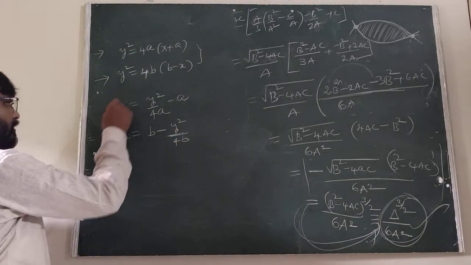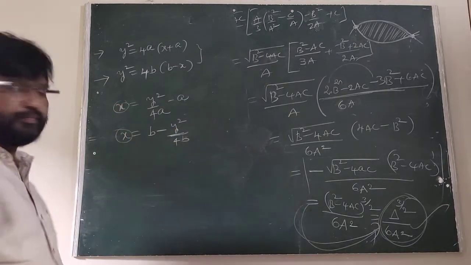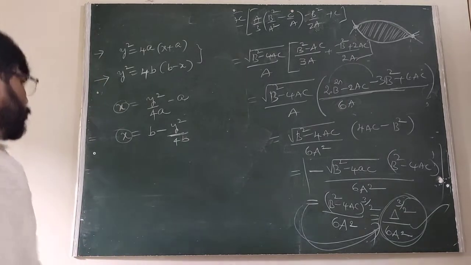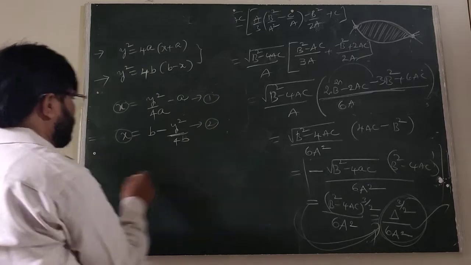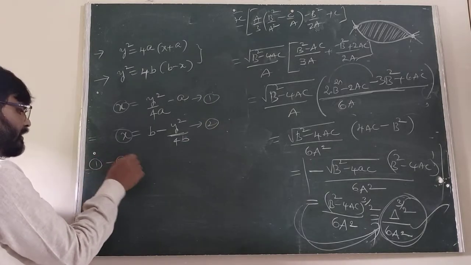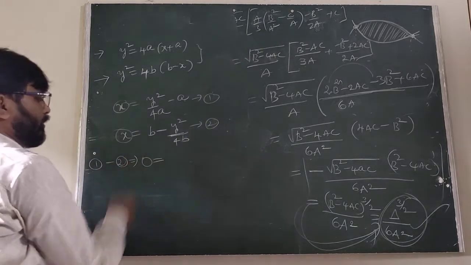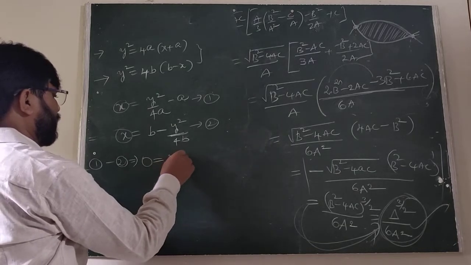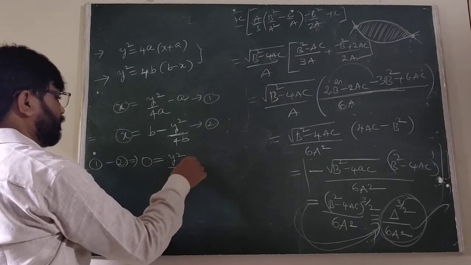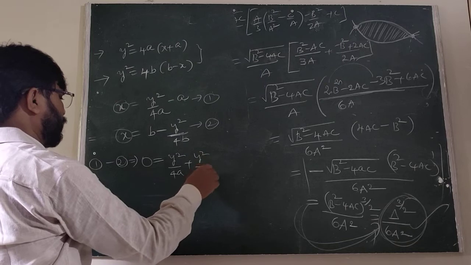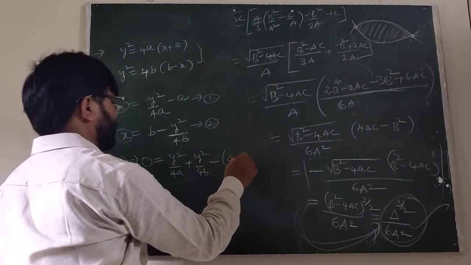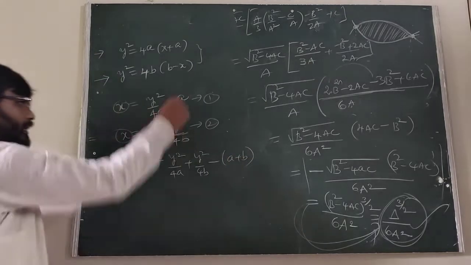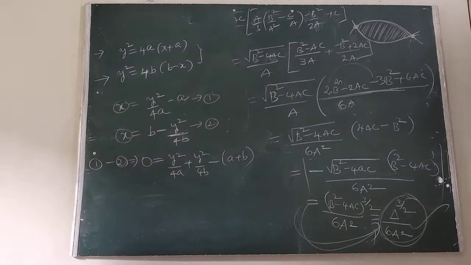So we can write the left hand side as linear. Now subtract these two: this is taken as 1, this is 2. 1 minus 2 implies 0 equals y square by 4a plus y square by 4b, minus of a plus b. Is it clear? Minus a minus b, minus of a plus b.